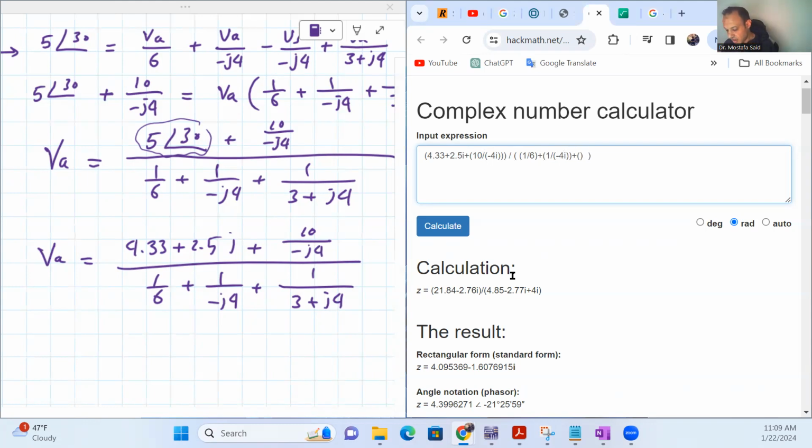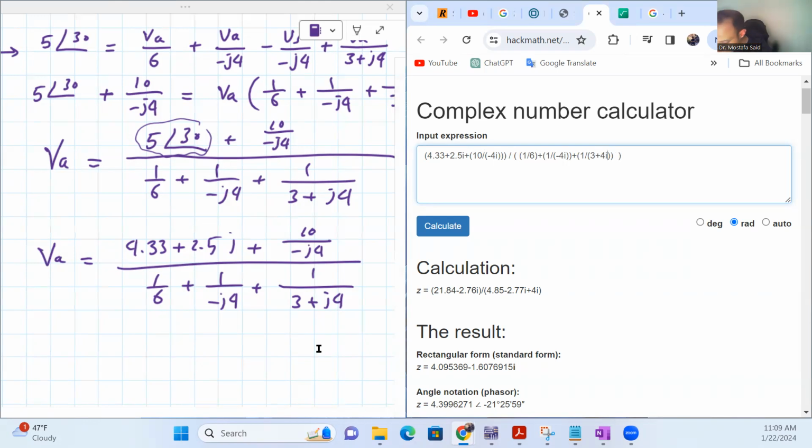Don't write it as i4, it might be translated incorrectly. That's a disclaimer here. Otherwise, it's a very great website. The third one is this term here, which is also a fraction. So we use 1 divided by, and open a parenthesis for the denominator, 3 plus 4i.